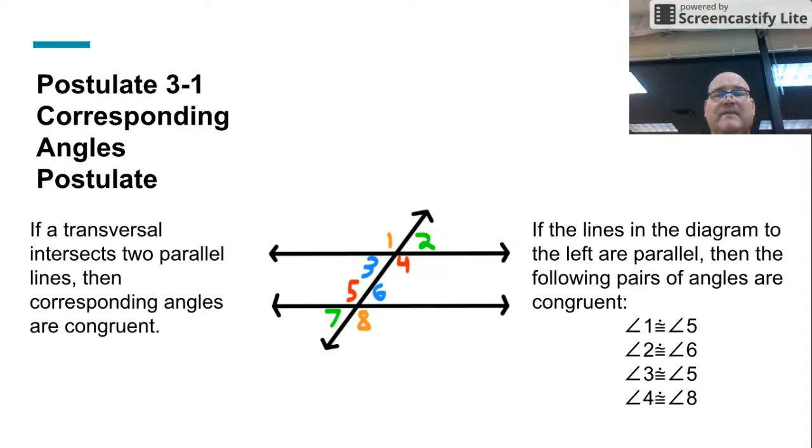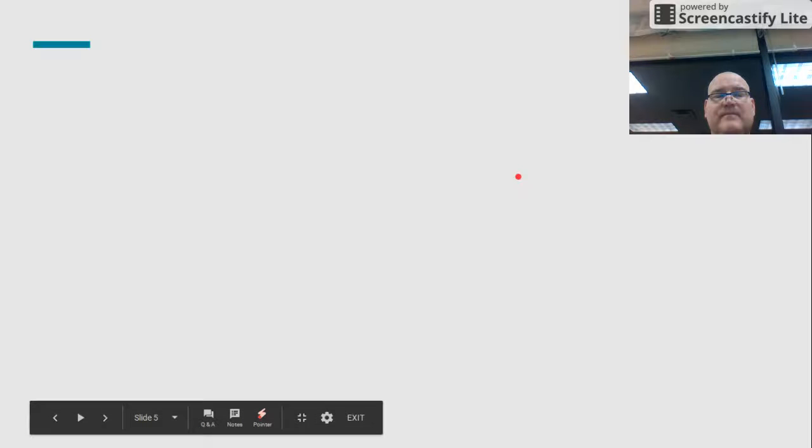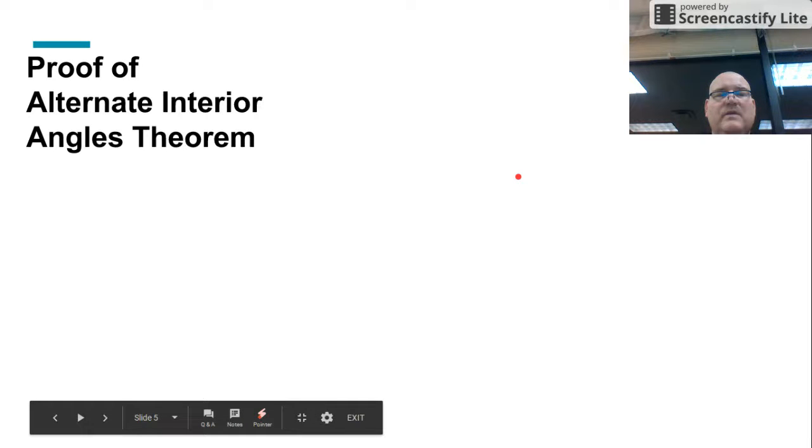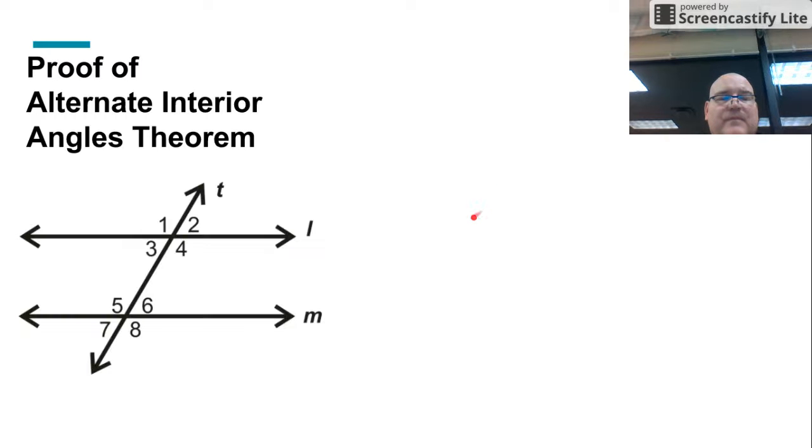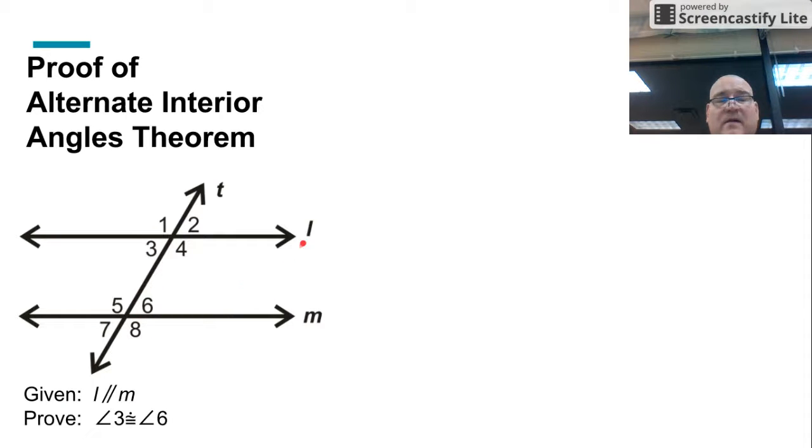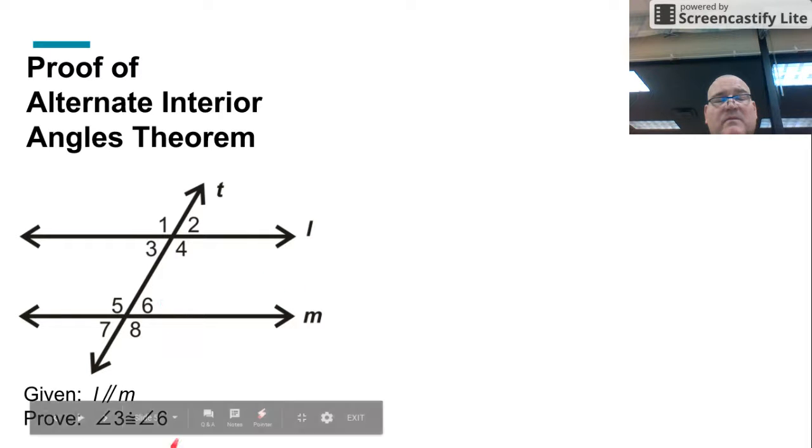Let's learn about another pair. Let's talk alternate interior angles. Here's our diagram. So we're going to show something about 3 and 6, and 4 and 5. Given that L is parallel to M, the two lines are parallel, and T is the transversal, prove that 3 is congruent to 6.